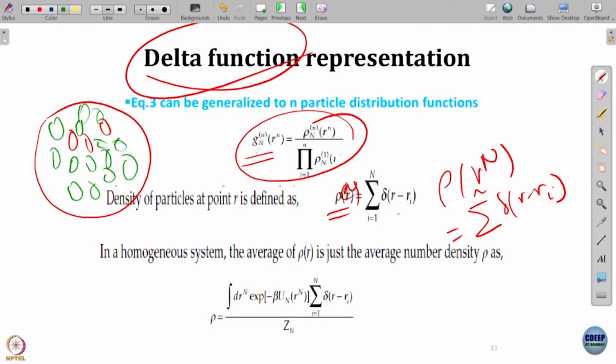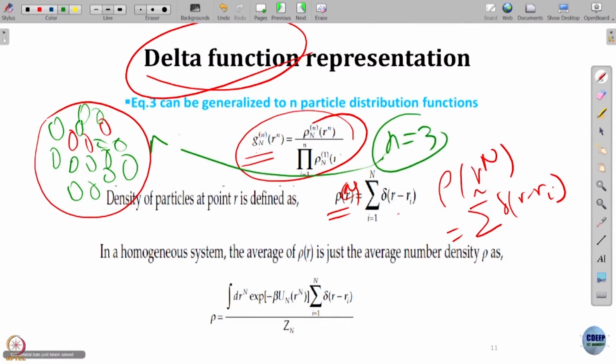But the green plus red are the total N, and my small n is 3. So, I want these 3 particle positions R1, R2 and R3, and the probability of having 3 particles at R1, R2 and R3 when n equals 3, then I have that description.